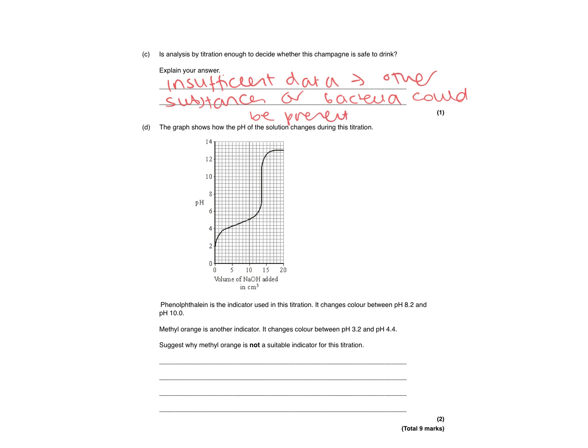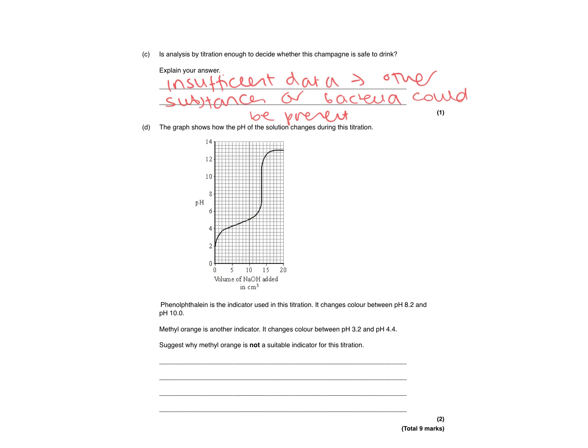Okay, the next one: the graph shows how the pH of the solution changes during this titration. Phenolphthalein is the indicator used in this titration. It changes colour between pH 8.2 and pH 10. Methyl orange is another indicator. It changes colour between pH 3.2 and pH 4.4. Suggest why methyl orange is not a suitable indicator for this titration.